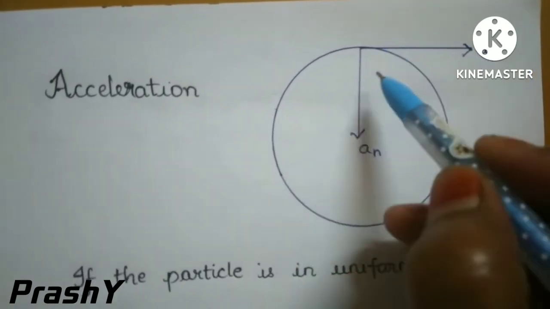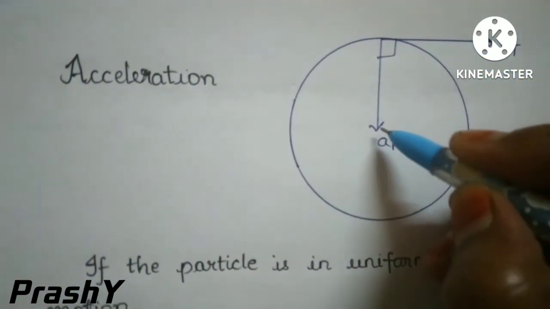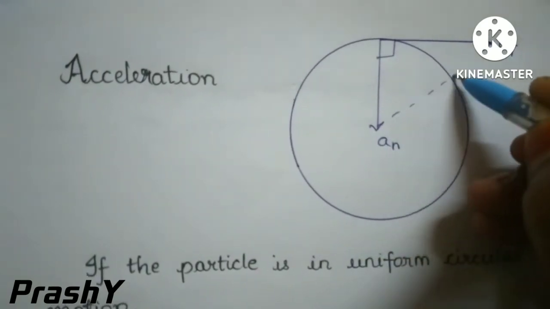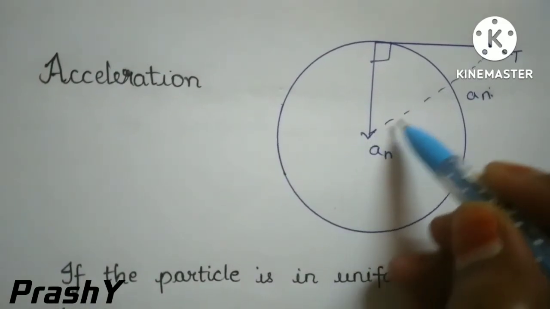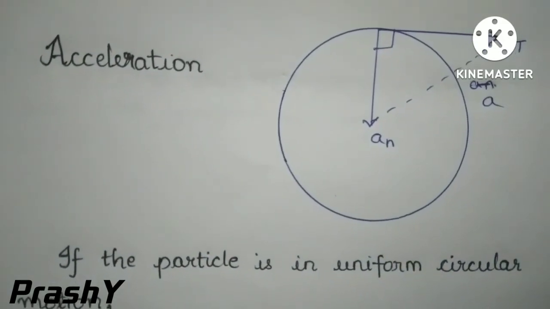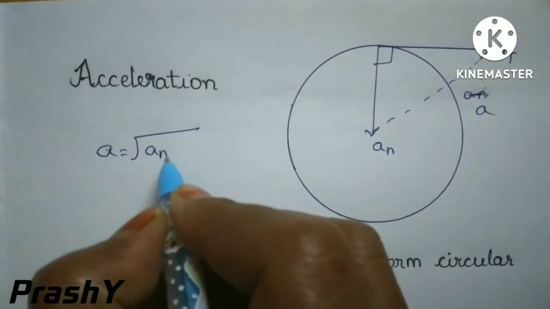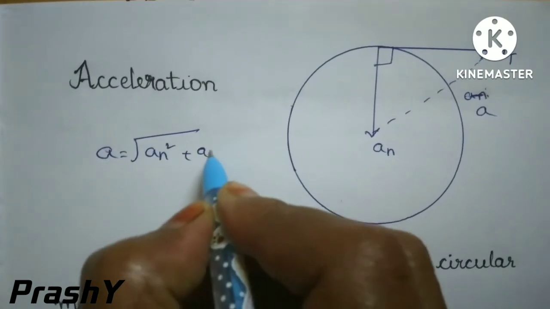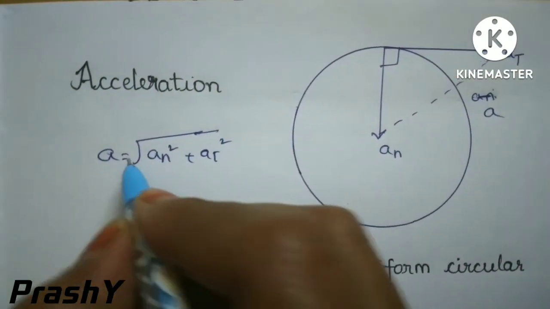These two are perpendicular to each other, so the line joining these two gives you the resultant acceleration A. From Pythagoras theorem, A is equal to root over AN square plus AT square. So this is the resultant acceleration.